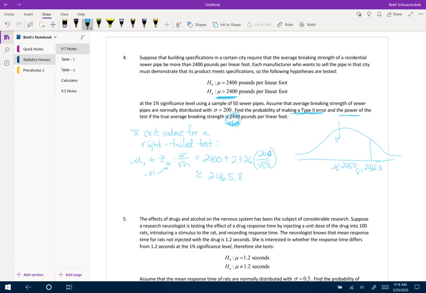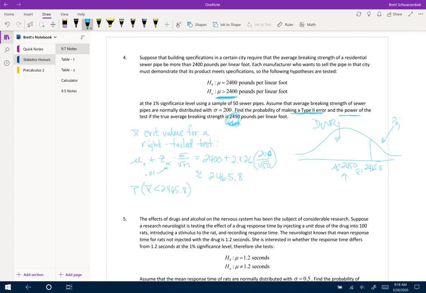Remember, this is a greater than test, so our rejection region is on this side, but we want do not reject over on the other side. So in order to find the probability, we're looking for the probability that our value of X bar is actually less than 2465.8 in the setting where the alternative mean is 2450.